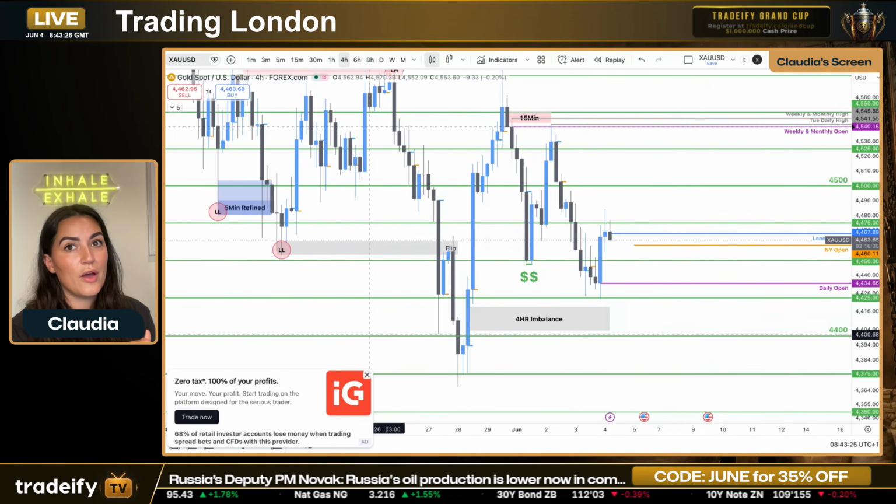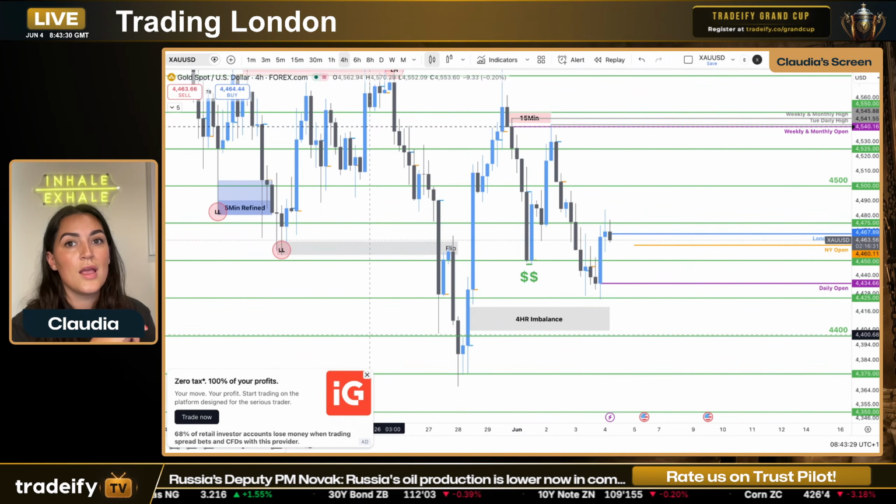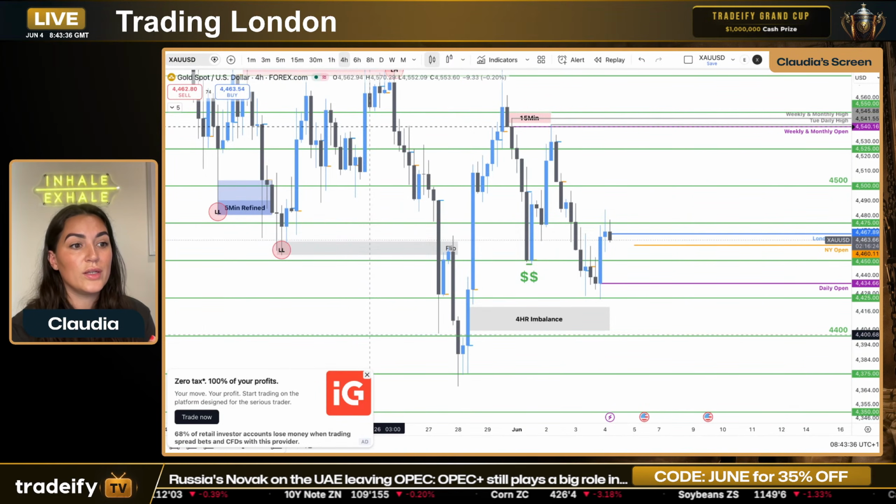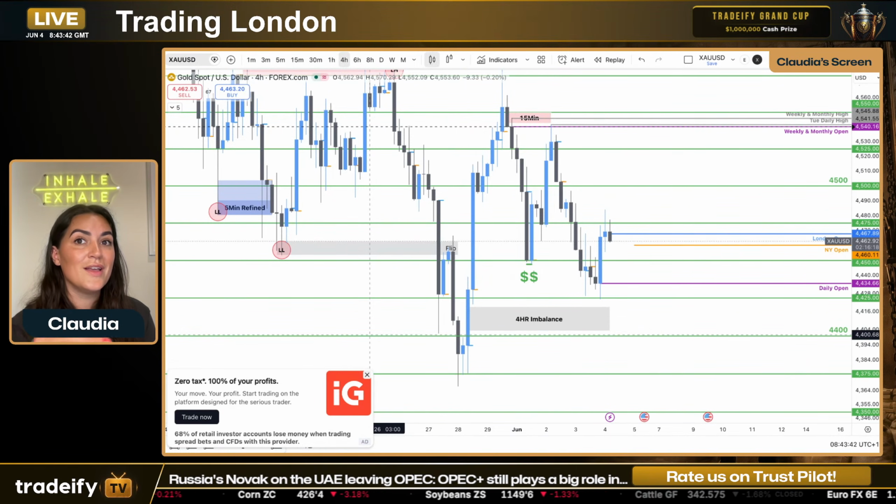And one of the problems I found with passing evaluations too fast was that whenever I reached funded, that momentum of over leveraging, being aggressive, over trading leaked into the funded account, right? Funded accounts are very much like easy come, easy go.